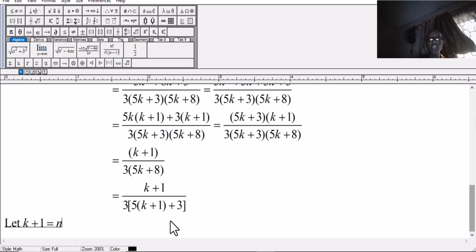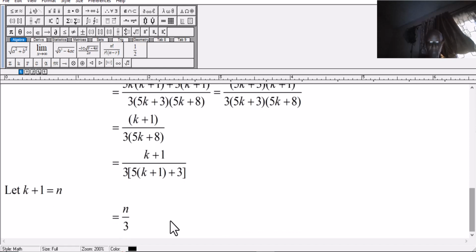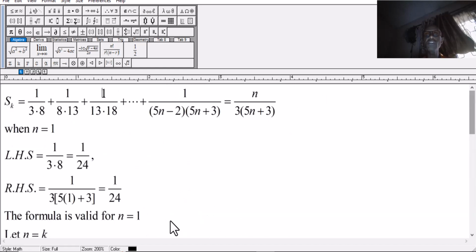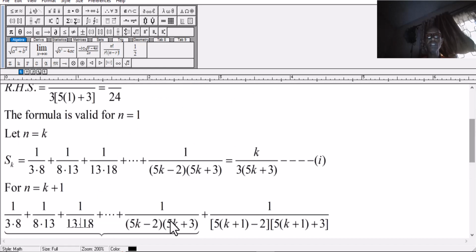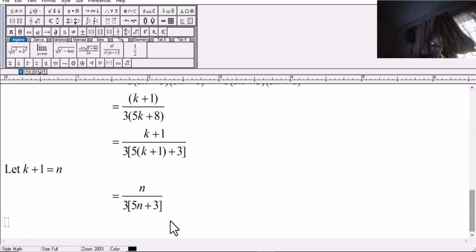So anywhere I see k plus 1, I will change it to n. So we now have n over 3, and 5 times k plus 1 will change to 5n plus 3, bracket close. So if you look at this, does it look similar to the first one? It is. So that shows that the formula is valid for k plus 1.